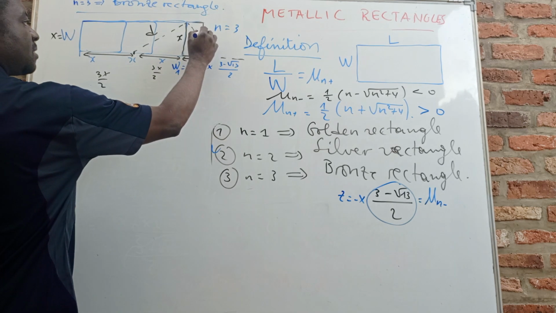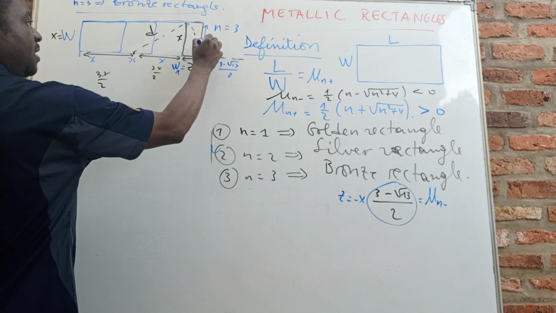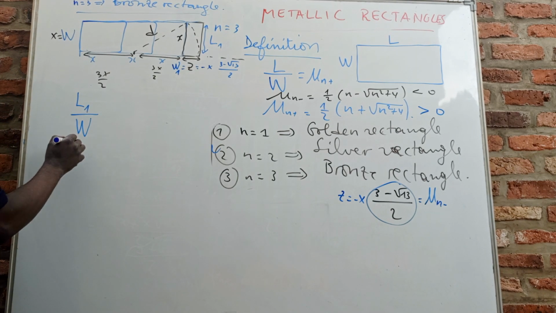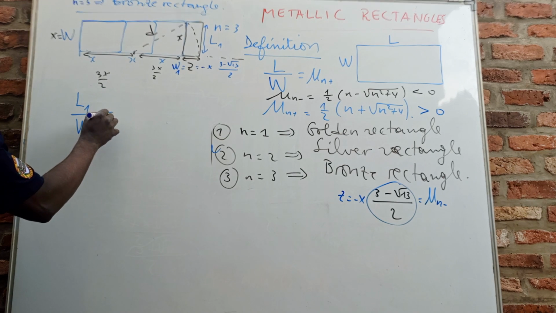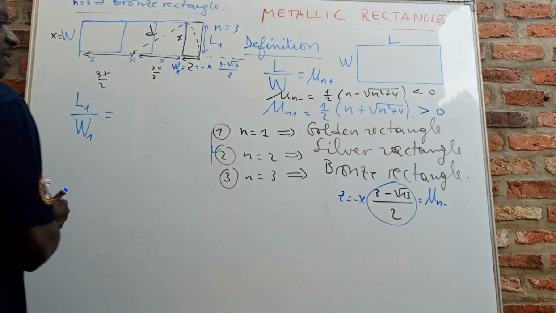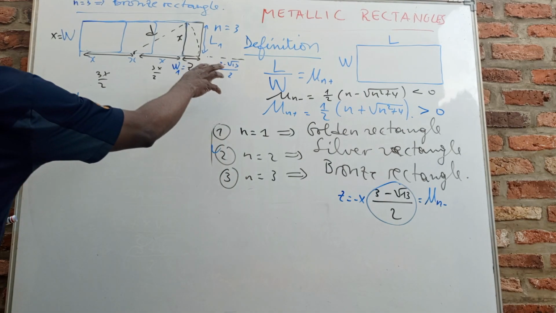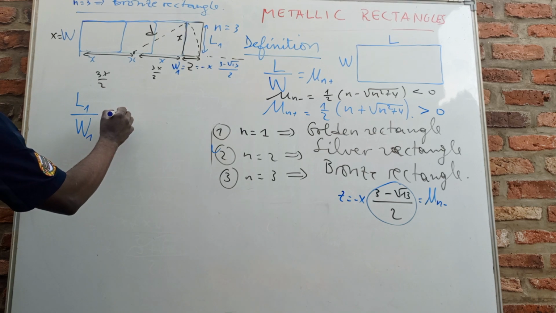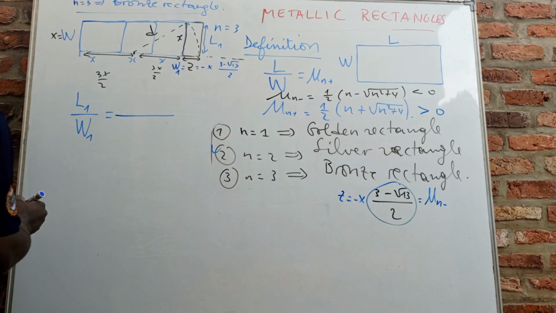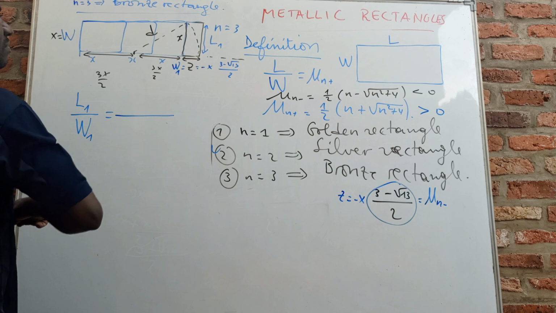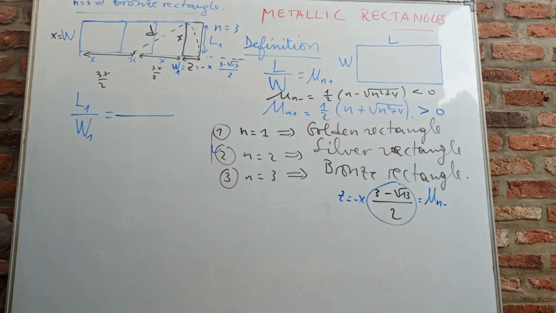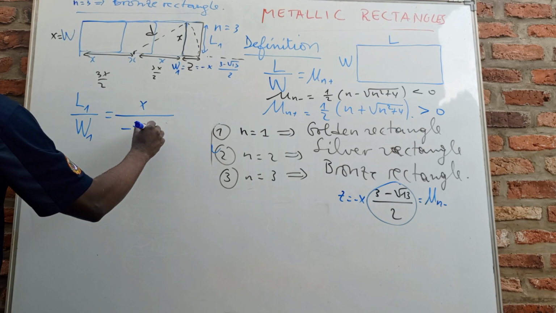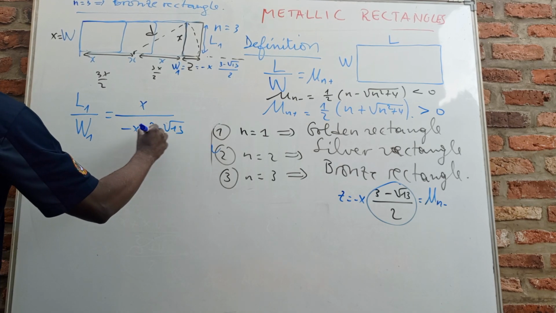This is L1, and we are proving that L1 divided by W1 is going to be equal to the bronze ratio, the conjugate of this one. L1 is x, so divided by negative x, 3 minus square root of 13 over 2.